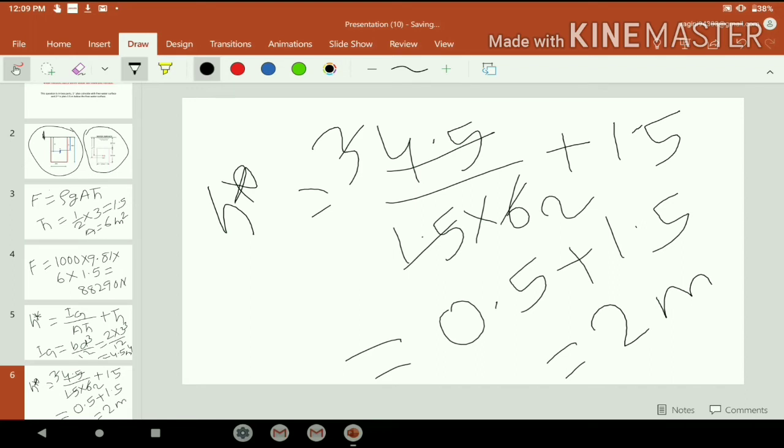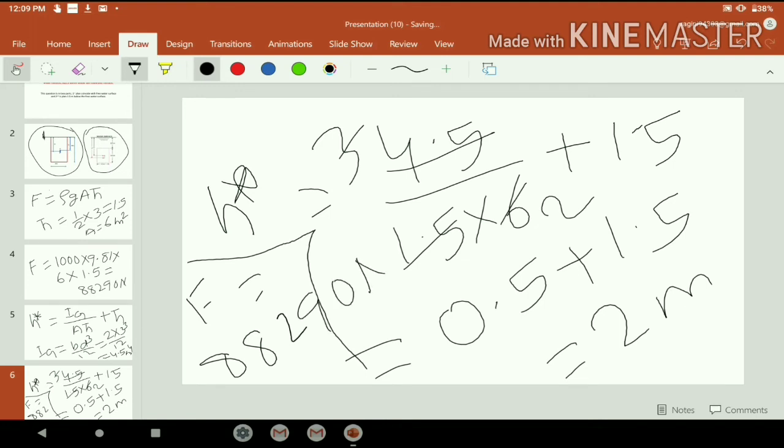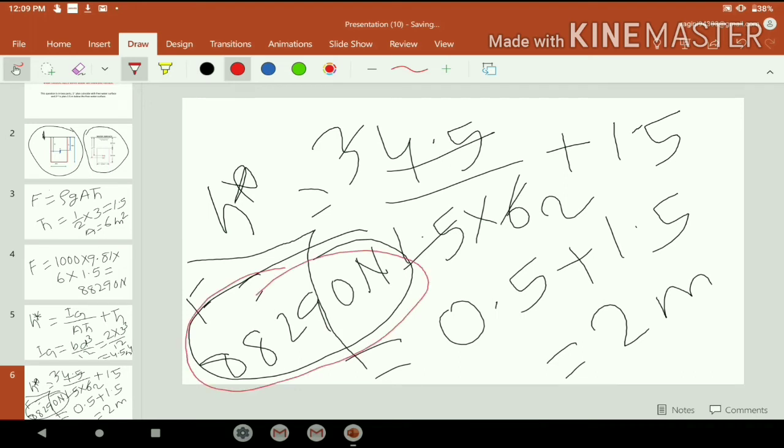Now I am going to solve the first question. In the first question, the F we found out was 88290 Newton. This is the F, and H star, the position of center of pressure, is 2 meter.